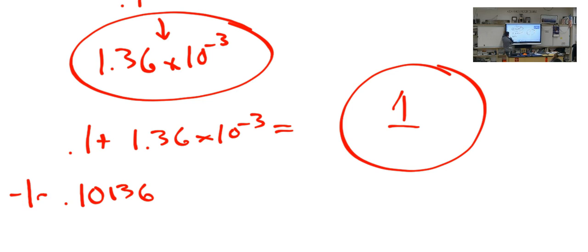You take the negative log of that and you get 1.0 something probably. Okay, 0.99 to 2 sig figs. We essentially are at 1.